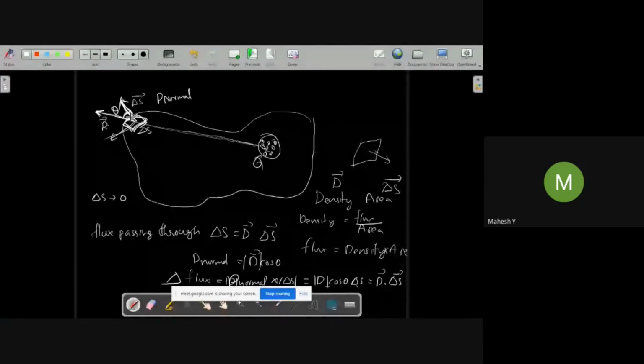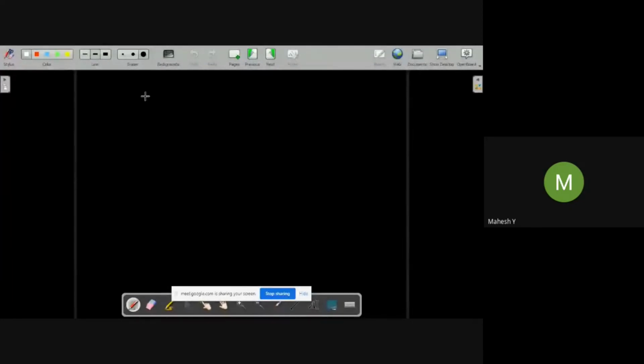So if you make this area smaller and smaller, what happens? As delta S tends to 0, delta S becomes dS, right?